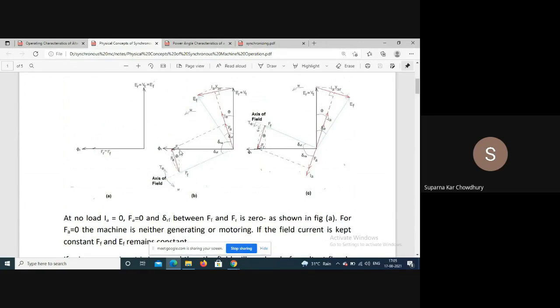This is a perpendicular, this is the current direction, and this is the voltage direction. If we drop a perpendicular, this angle is theta, and this angle we have defined as del RF. So FF sin del RF is this component. This is equal to FA cos theta, the cos component of FA. FA cos theta, neglecting saturation, is C Ia cos theta.